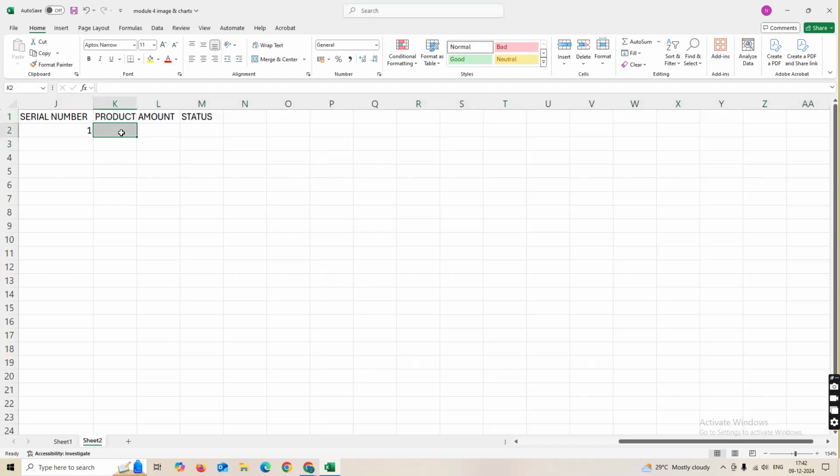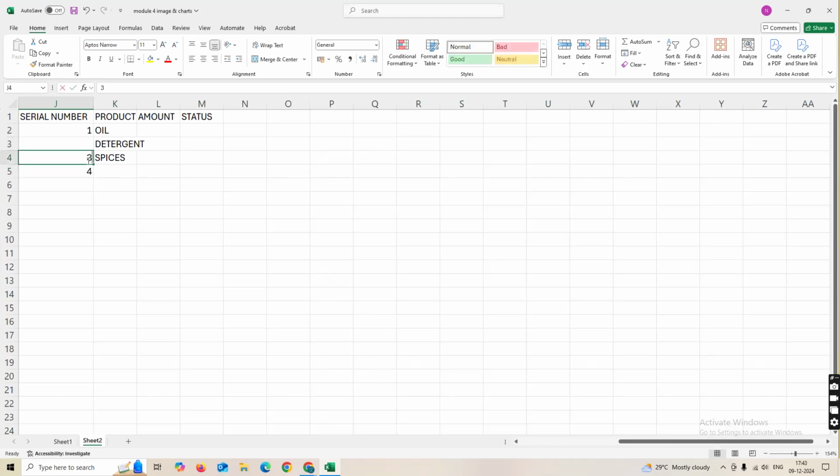Suppose my first product is oil, then I have detergent, then spices, anything. So it starts from 1. If I take this, it will be a wrong number. This is 2, this is at serial number 1. Will I be typing 2, then 3, then 4? It is too hectic, right? So I'm not going to do this.